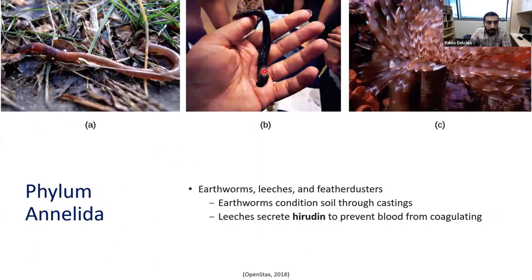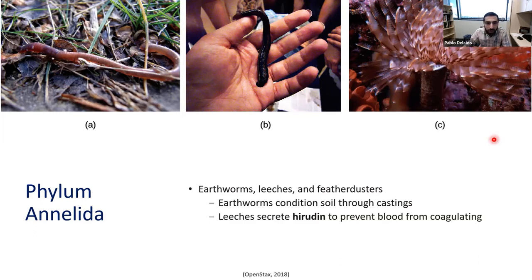The other lophotrochozoan that we saw is the earthworm, which is within the phylum Annelida, annelids. So earthworms and leeches are the most popular or common forms of this, but there are also sea creatures called feather dusters that you might have seen on Planet Earth or some nature documentary.